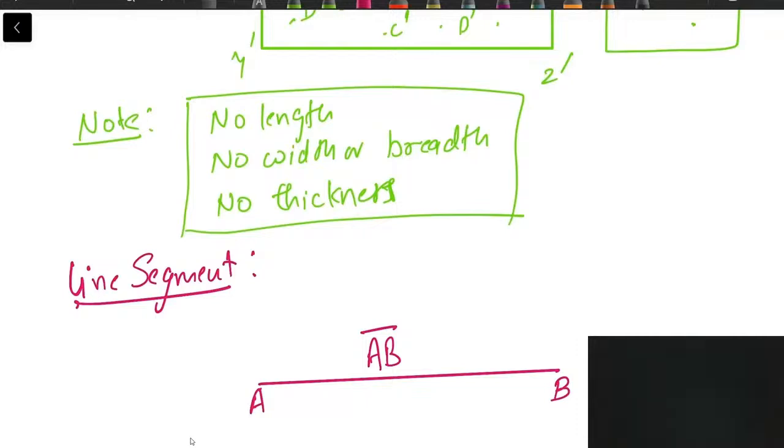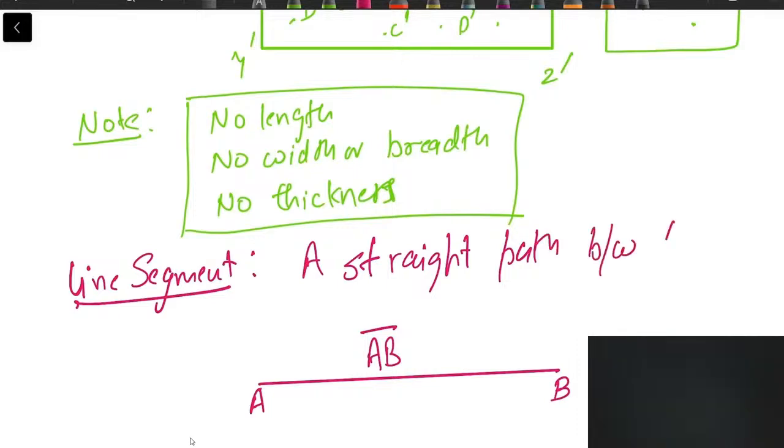A straight path between 2 points. A is one point, and this is the other point.